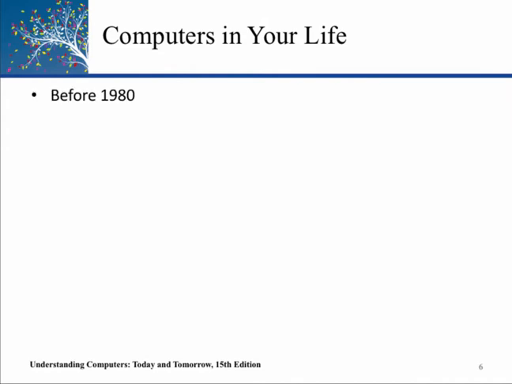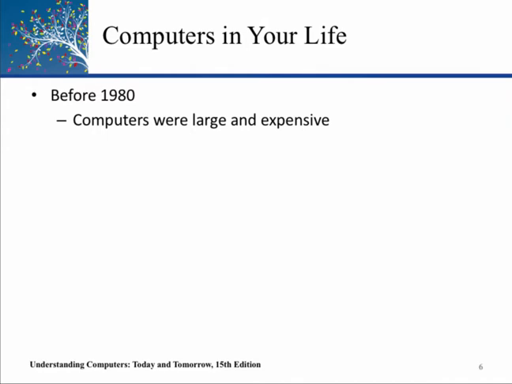So computers now are different than they were before 1980. 1980 was kind of a watershed moment. In the 1970s, 60s, and before then, computers were large. And when I say large, I don't mean that very big tower on the floor under your desk right now. I mean large as in football fields. An entire floor of a building would be dedicated to one computer.